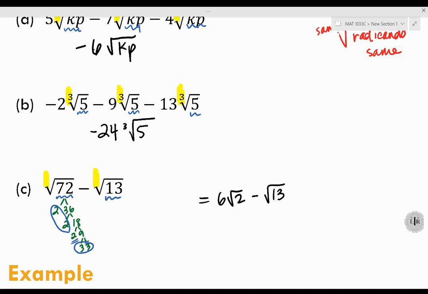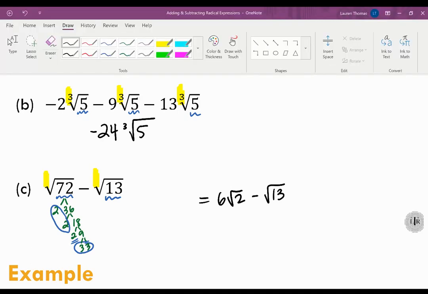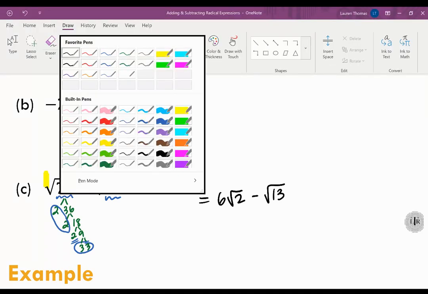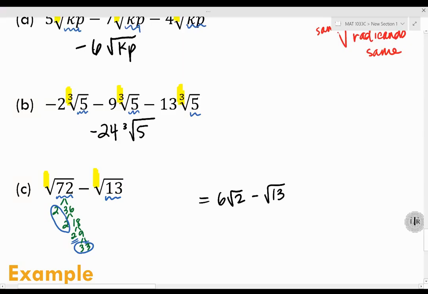Now let me show you something really quickly. Let's change the color. When I broke down the square root of 72, I broke it down all the way into primes because that method always works. Some of you are really good with your perfect squares and cubes and fourths. So another way to think about breaking down that radical is: is there a perfect square that evenly divides into 72?